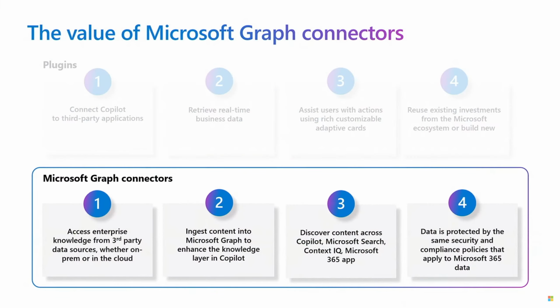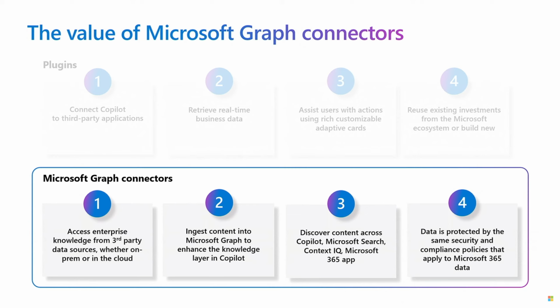And here's just some of the value that you get by ingesting your enterprise data into M365. Very first thing, it's bringing in rich data from all your external sources, whether they're on-prem or on the cloud. It's also discovering your external content very easily for users across M365 experiences, like Copilot, Microsoft Search, as well as the M365 app. And this is so that users can spend less time searching.